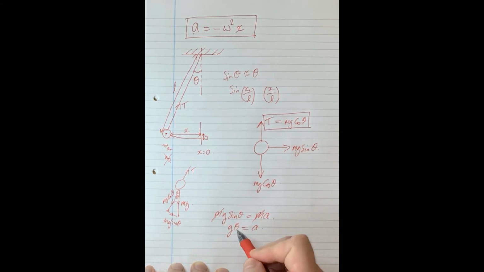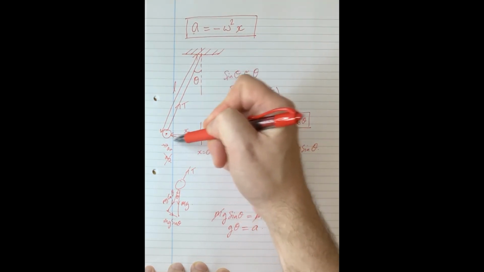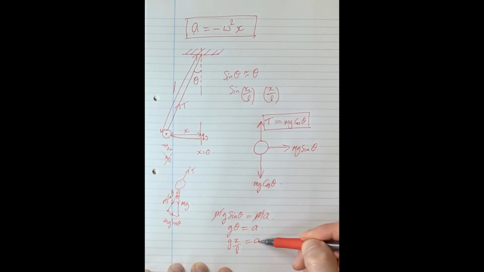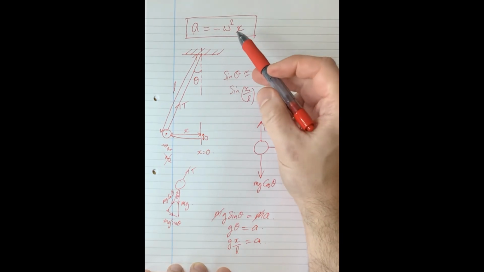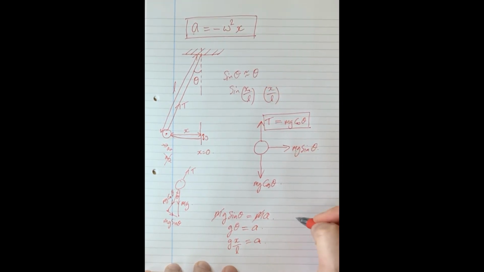Okay, and looking at the physical quantities of length and how much it's displaced by, theta can be replaced with x over L, so the acceleration is g x over L. Okay, and then the final thing is to compare this. We know this acceleration is equal to minus omega squared x. So what we've got here is g x over L equals minus omega squared x.